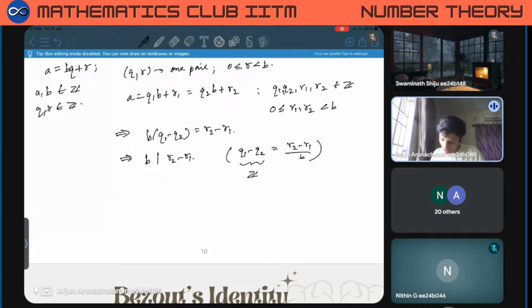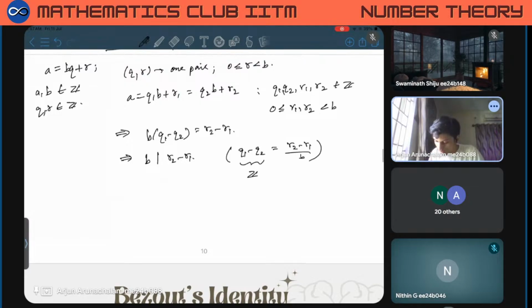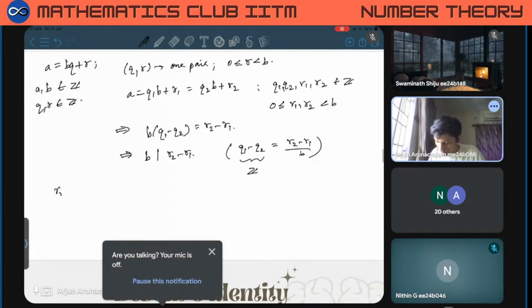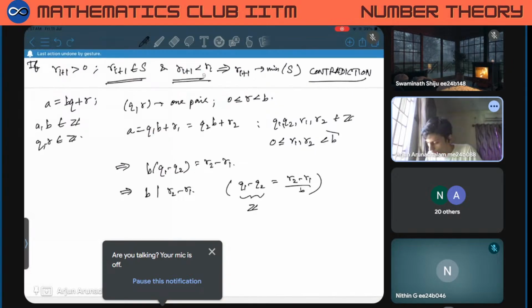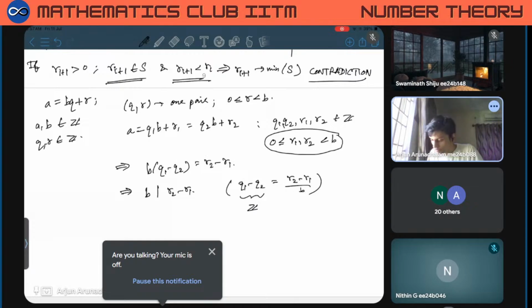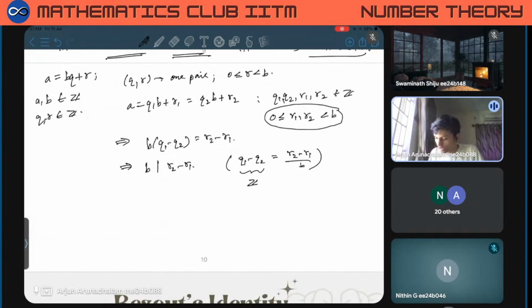Yeah, so note that r2 and r1 are both in this range, right? So what could be the maximum possible value of r2 minus r1? So let's just list the possibilities. Let's say the possible values of r2 minus r1 form a set of integers.